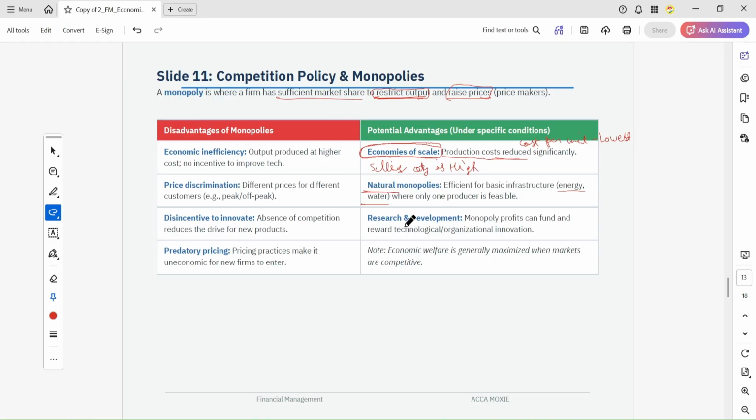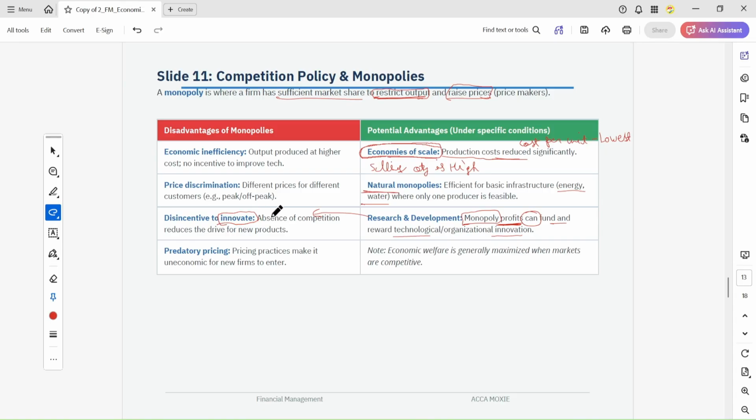Okay. So next is research and development. When you are in the monopoly, you make lots of profit, and you can use that profit in technology or innovation. I said you can use it, but what generally happens is that you don't innovate. Why?